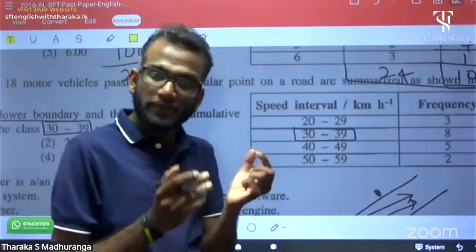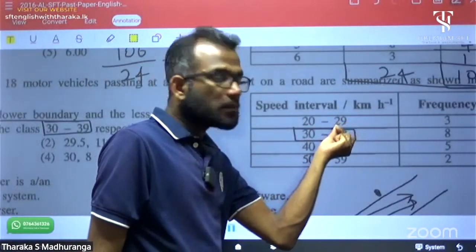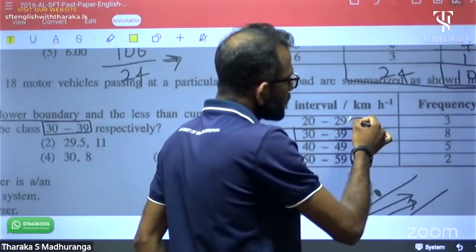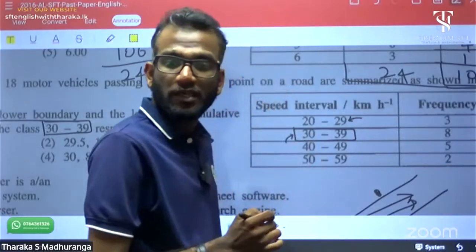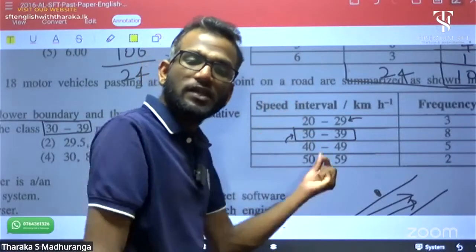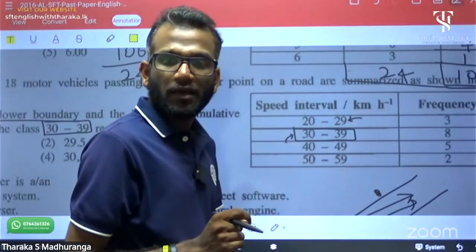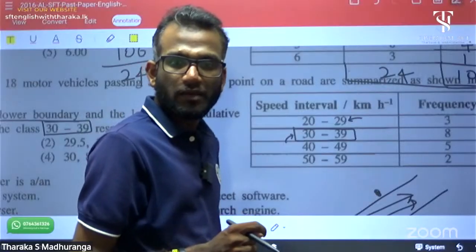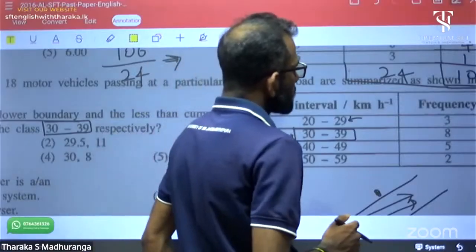But the first class's final value is 29, and the second class's starting value is 30. It has a gap, 30 minus 29, gap of 1. Understood? Yes, it has a gap.